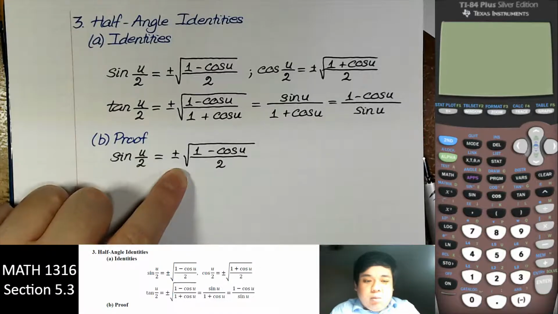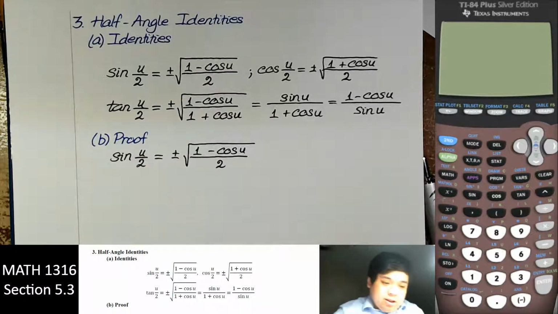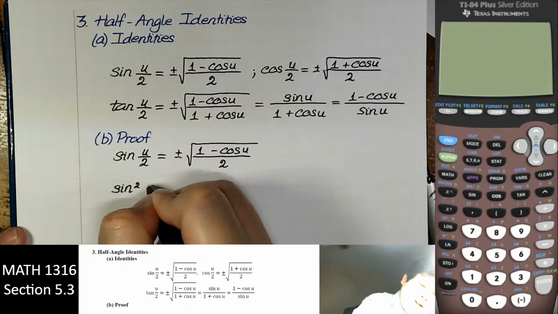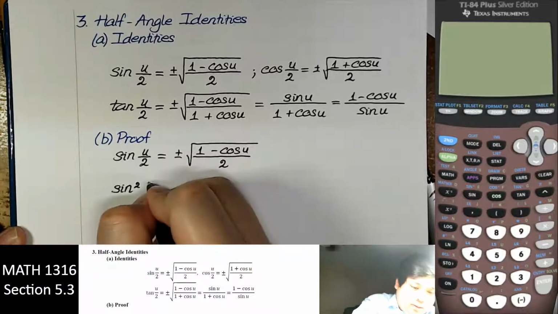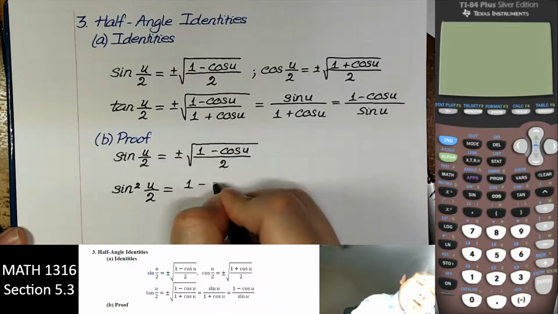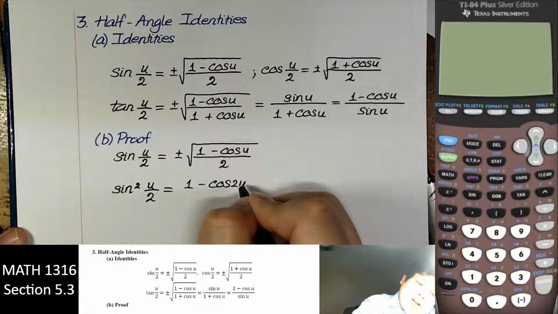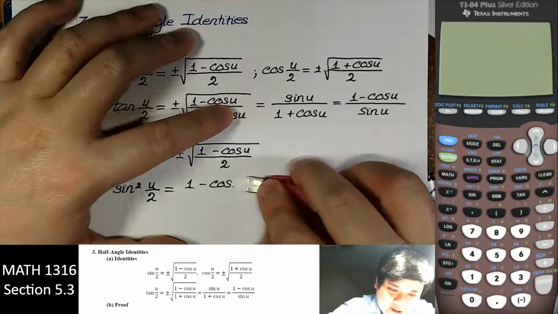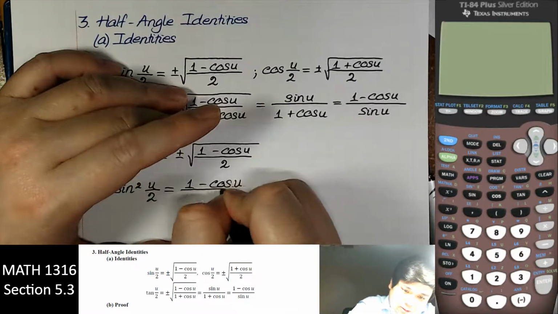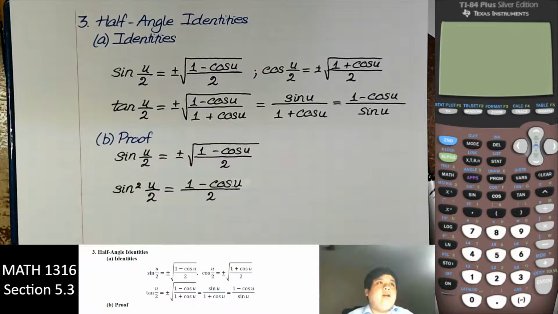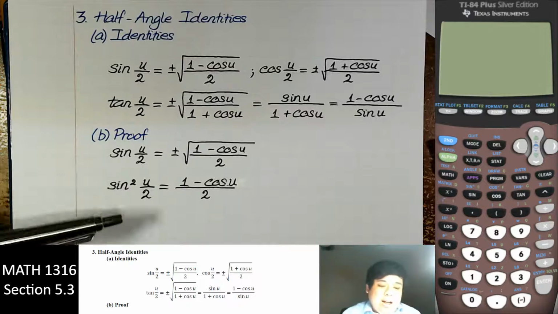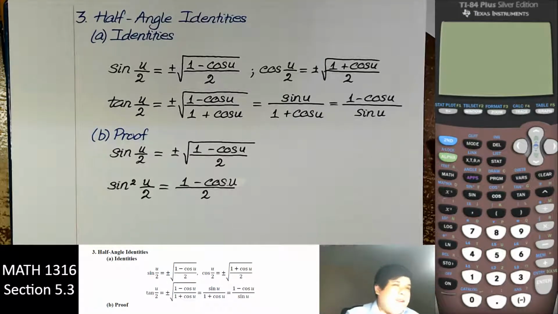The reason we have plus or minus is that if we square both sides, the square cancels the square root, and we just have this. Right? If we square both sides, that's what we have. Now, that looks exactly like the power reducing, except the angle will change a little bit.